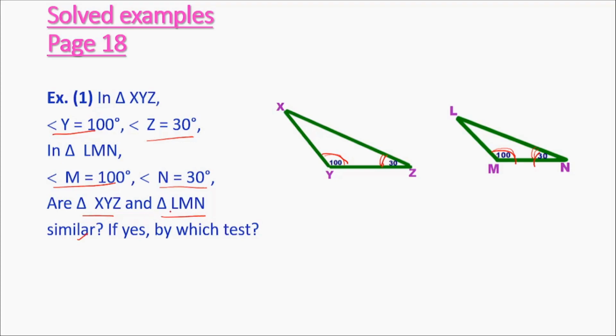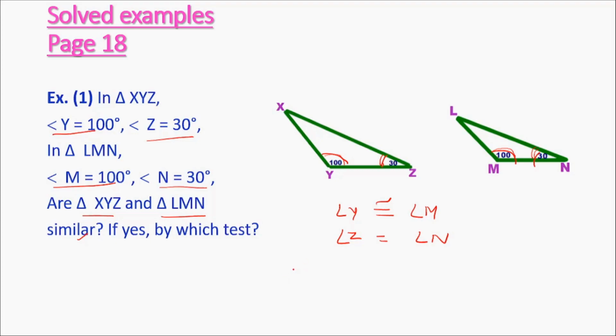Okay, so immediately you know that two angles are congruent, right? Angle Y is congruent to angle M, angle Z is congruent to angle N. When two angles are congruent, which test will you remember?